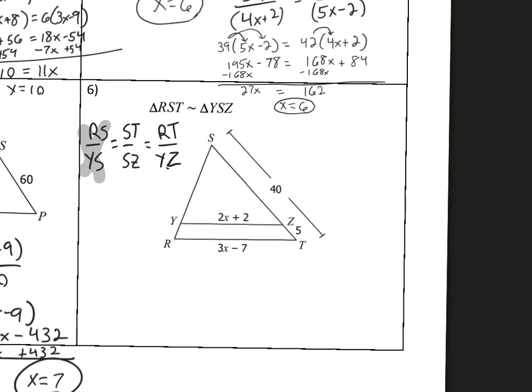ST is 40. This is it, it goes all the way to the end. SZ is going to be, well, ZT is 5, so SZ will be 40 minus 5, which is 35.